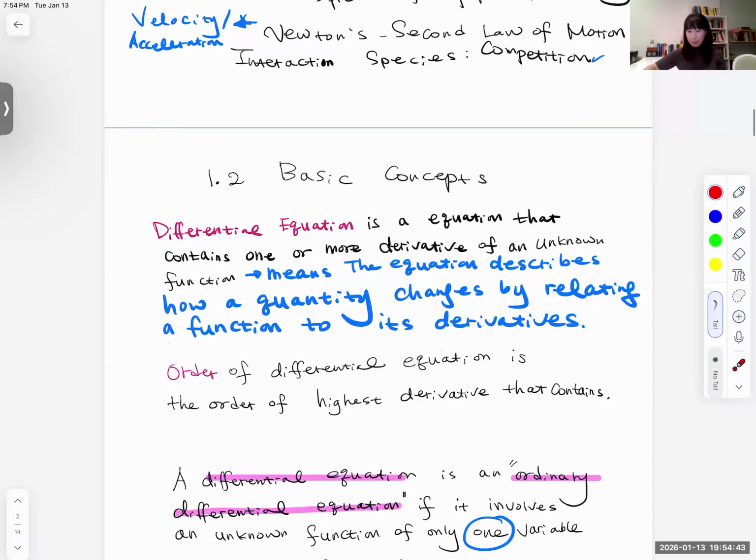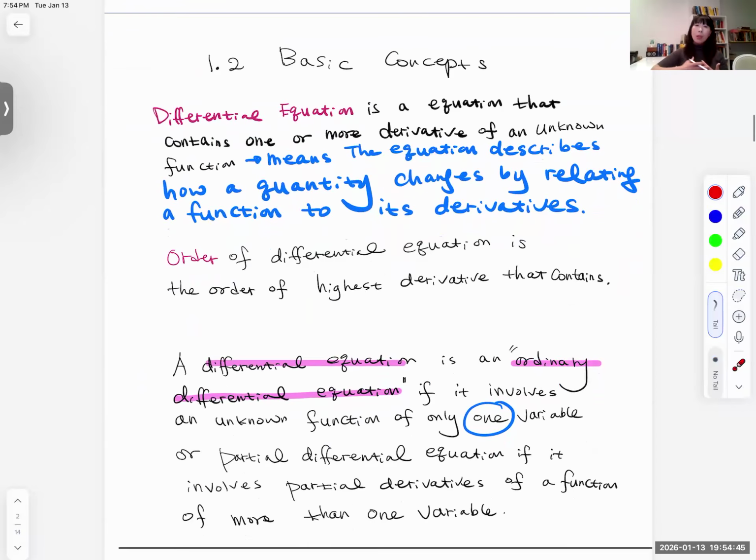So, basic concepts. Every time we learn terminology and definitions, right? And then formulas, right? So we follow that. So in 1.2, basic concepts, once again, what's a differential equation? It's an equation that contains one or more derivatives of an unknown function. So what does this mean?